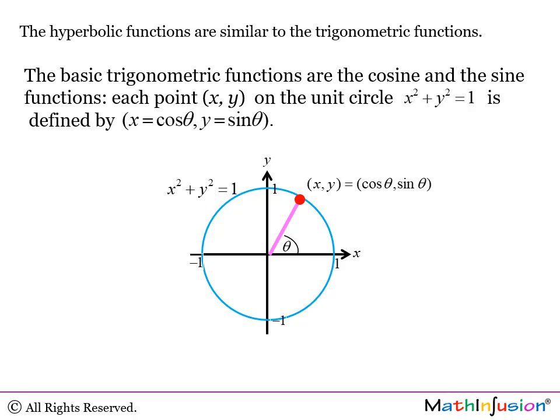You can see the unit circle with the equation x to the power of 2 plus y to the power of 2 equals 1. And if x, y is any point on this unit circle, then its coordinates are also cosine theta, sine theta, where theta is the angle that opens from the positive side of the x-axis to the point.